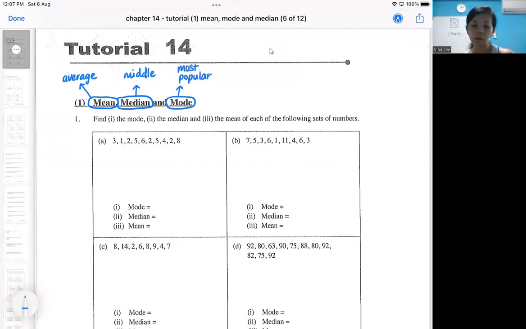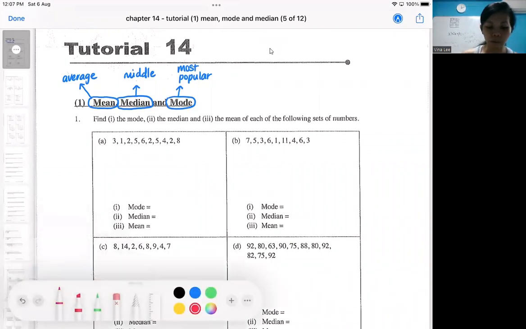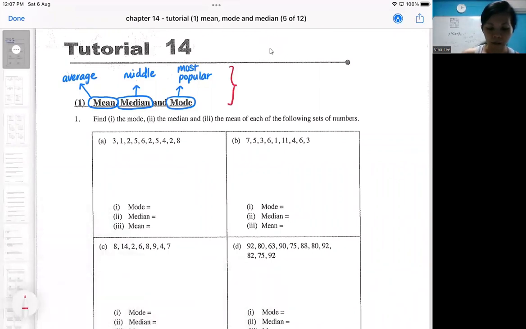Not only that, we'll be exploring these three in two groups of data. We will explore it in a single data or what we call group data. Group data is just presenting it in a table format.